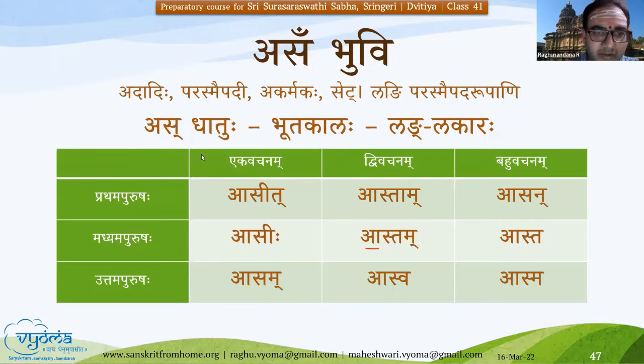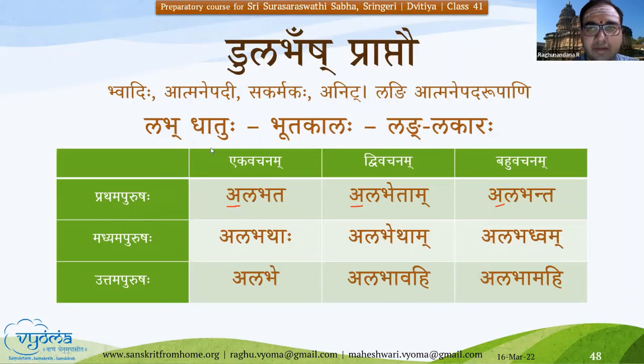Ganesh Mahodaya, you can recite the next dhatu. Lab dhatu, bhutakalah, lang lakaraha: alabhata, alabhetam, alabhanta, alabhathaha, alabhetham, alabhadhvam, alabhe, alabhavahi, alabhamahi. Uttamam. Please make a sentence. Labhate is to get or to obtain. Alabhata is he got something.